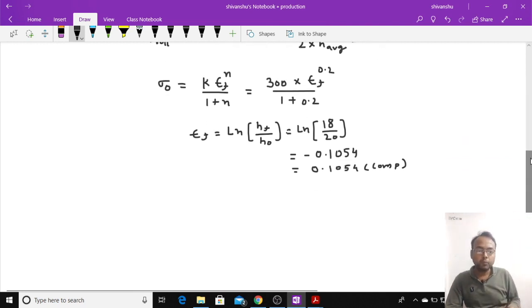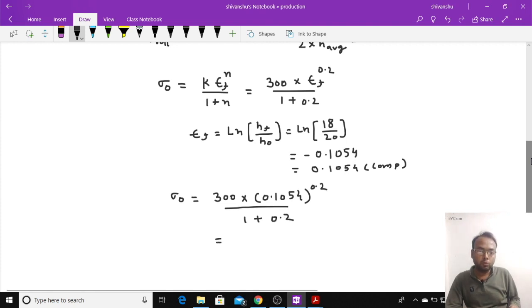Now after putting this value, sigma O is equal to 300 multiplied by 0.1054 to power 0.2 divided by 1 plus 0.2.